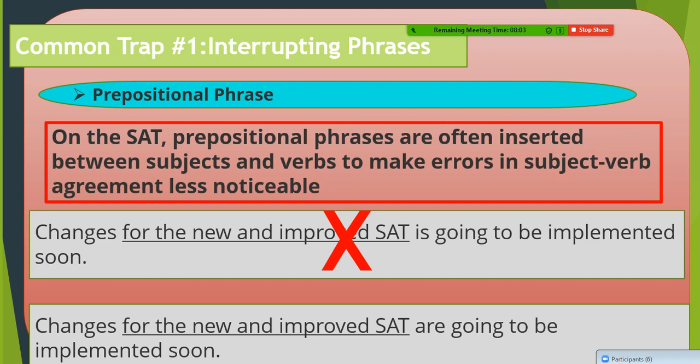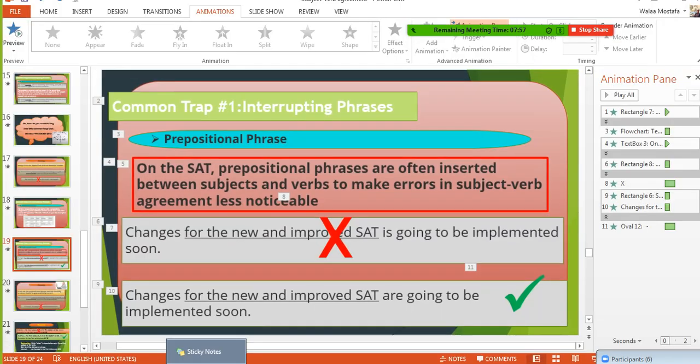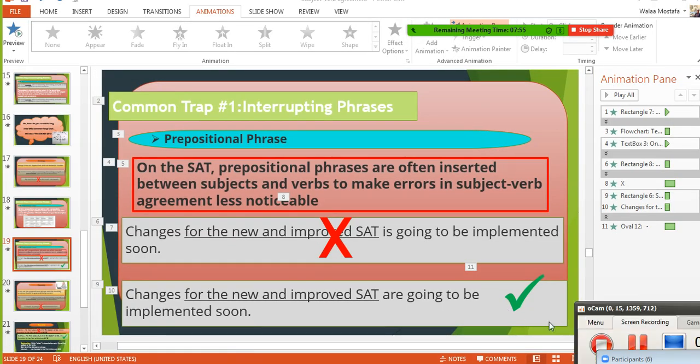The new and improved SAT. This is the subject? You were not listening to us. Farah just said that this is a non-essential phrase. It's a prepositional phrase, non-essential, for the new and improved SAT. It starts with a preposition. It doesn't have a verb.